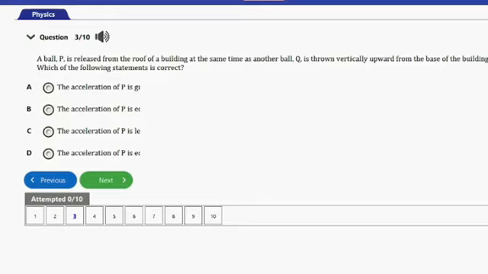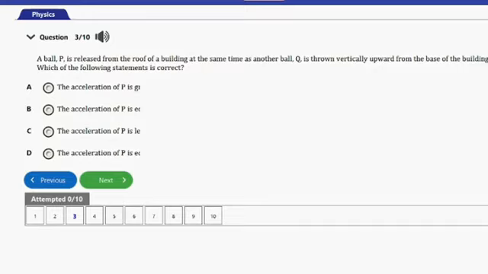So the force of gravity tends to pull it down, and up to the point it starts coming down with the same acceleration that the initial ball P was thrown down with. So in that case, the acceleration of P and Q will be the same and in the same direction. So option D is the answer to this question.